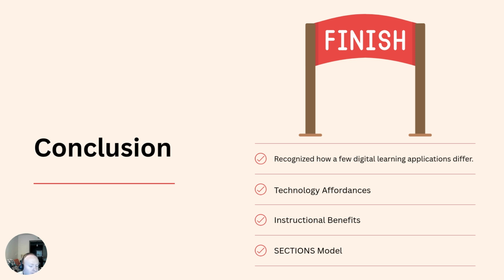What type of learning methods, teaching methods as well, do these programs offer? And then finally, we wrapped it up with the SECTIONS model. Remember the students, the ease of use, the cost, the teaching methods, teaching functions as well, the instructions, organizations, and so on. So we discussed this model, and this is something we need to enforce.